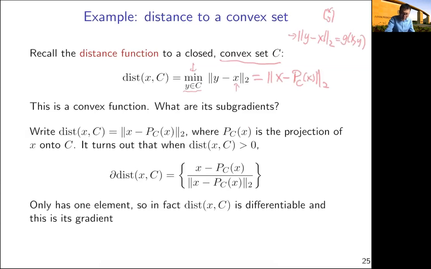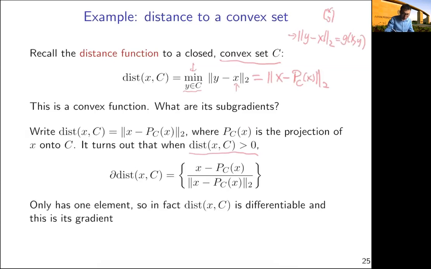Okay, so in this example, we'll show that this function is actually differentiable when x is such that the distance from x to the convex set is greater than 0. This should be pretty intuitive, right?